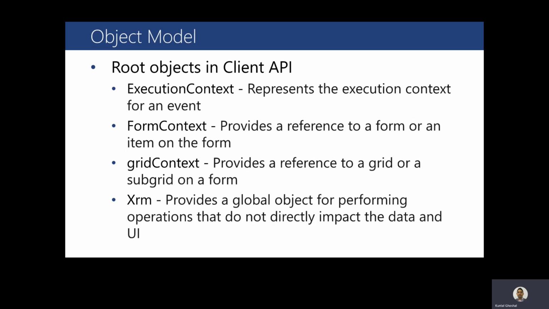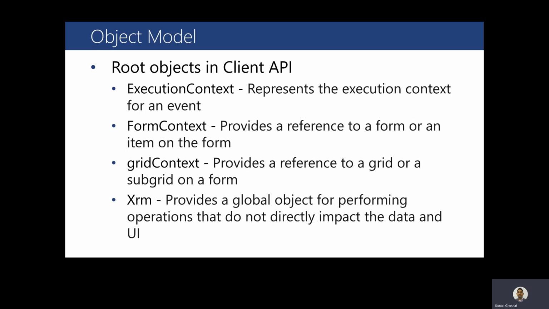To get the form context object, you can use the execution context dot get form context method. Grid context provides a reference to a grid or a subgrid on a form against which the current code executes. And XRM context, which provides a global object for performing operations that do not directly impact the data and UI in forms, grids, subgrids, controls, or attributes.